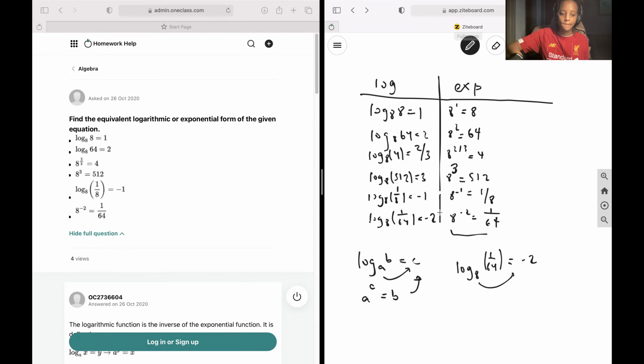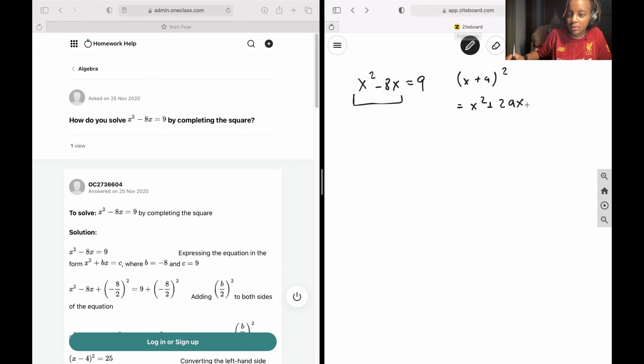And so we know that if we have x plus a squared, we will get x squared plus 2ax plus a squared. So 2ax is equal to negative 8x. Let's just cancel out the 8's. And so 2a is equal to negative 8, which makes a equal to negative 4.